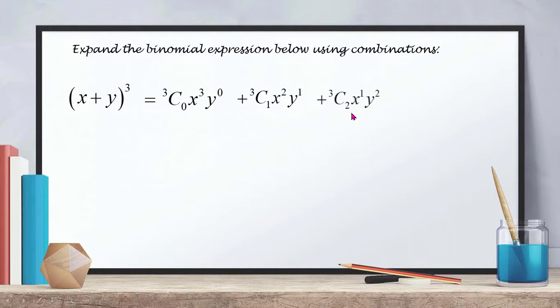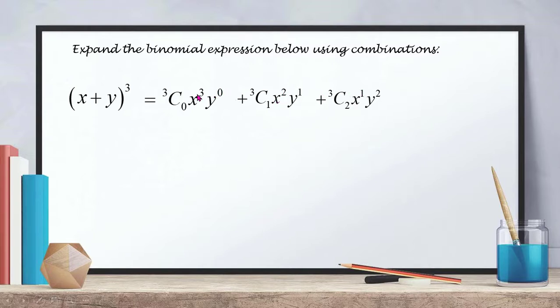Notice again, 3 combination 2 is the binomial coefficient for the third term. Again, that 3 is the power. The 2 here is simply because we're counting 0, 1, 2. The power 1 on x is from subtracting 1 from 2.